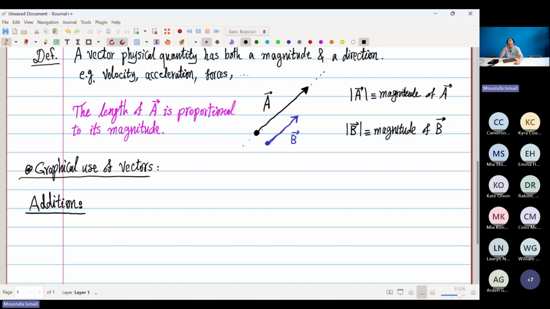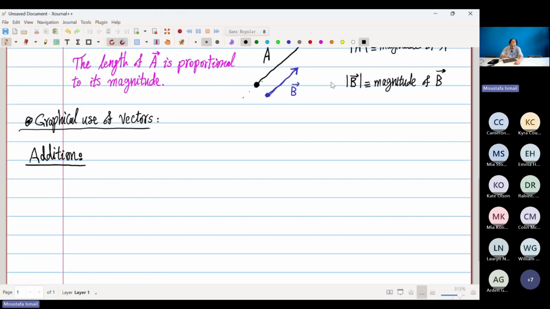Okay, let's say we have two vectors, A and B, but not these two vectors above. I'll draw two new vectors just to have them in different directions. Let's say we have vector A pointing this way, A, and let's say we have another vector B pointing this way, and I want to add the two vectors.